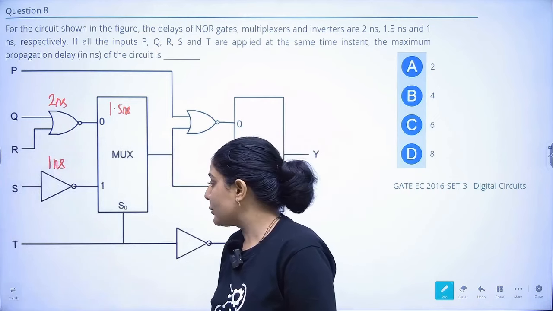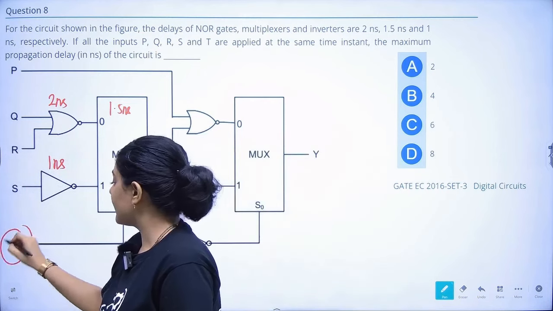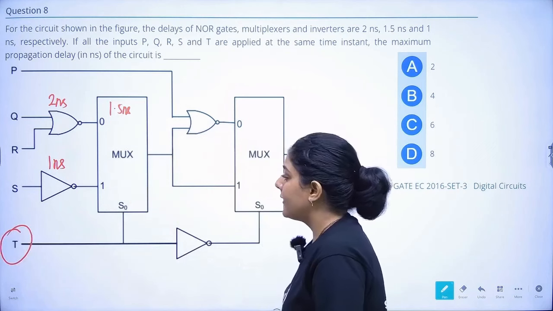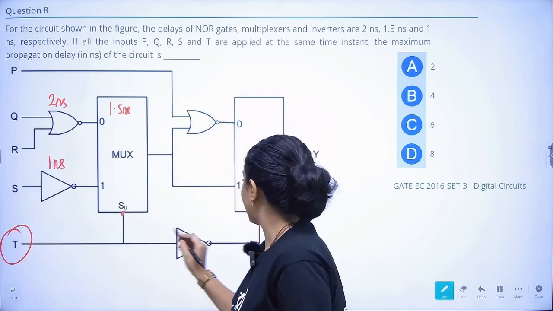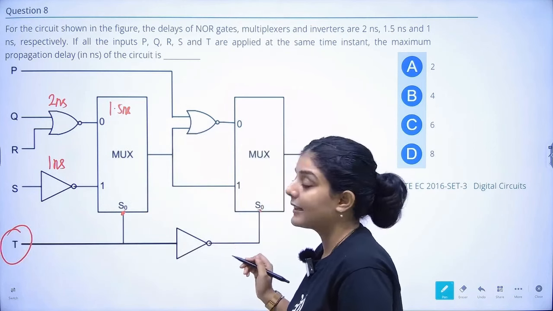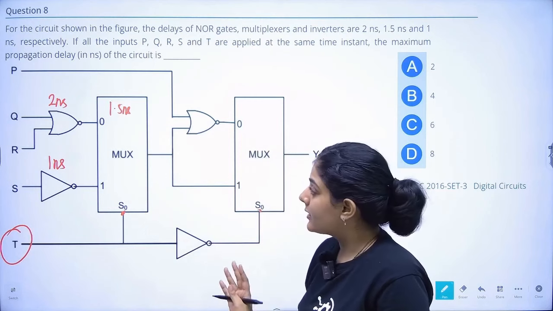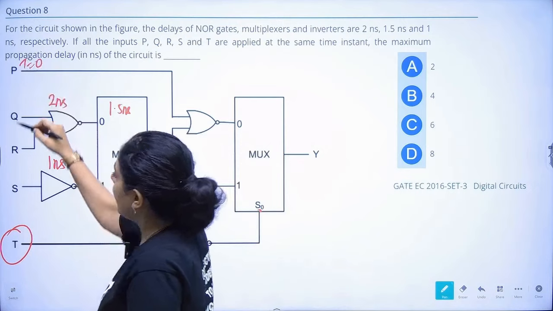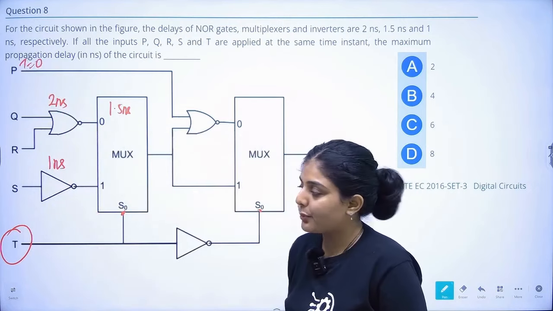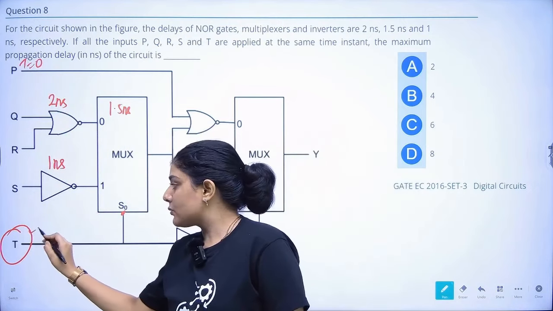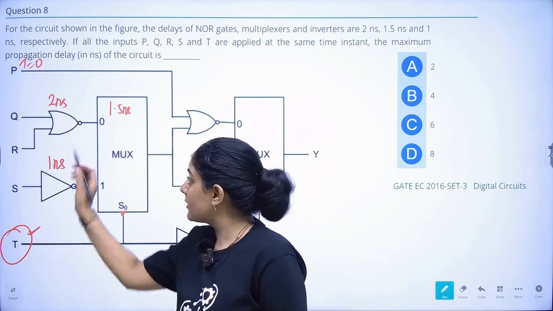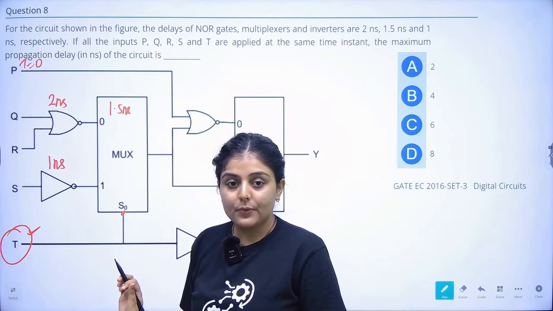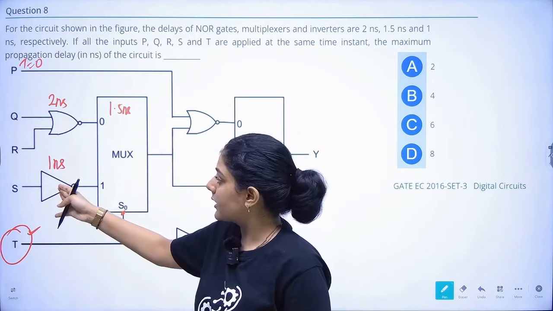Now in this case we can see that T is applied to the select line. The select line is S0 here, and both the muxes are selected by this T. At T equals 0, all the inputs are given. Firstly, this will work rapidly because the others are connected to the inputs, so it will take 2 nanoseconds, and this one 1 nanosecond.